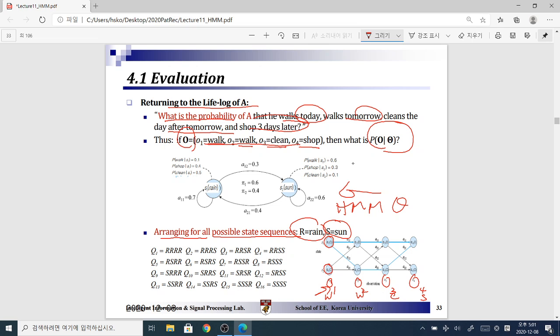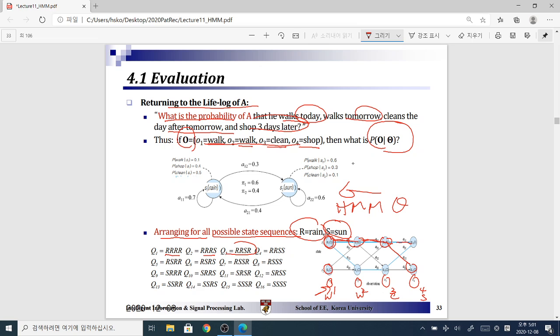So all possible state sequences for the 4 days could be just rain, rain, rain, rain, or it could be rain, rain, rain, and then sunny.